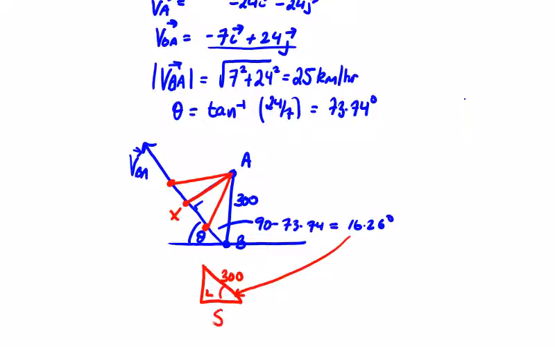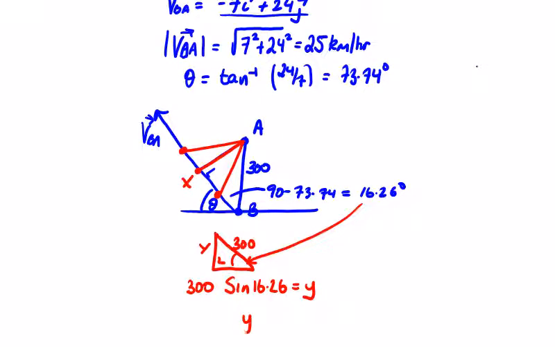So we can say the sine, I'll call this y for now, the sine of 16.26 is equal to y over 300, so bring your 300 in front, and that will give us y. So the shortest distance between them is going to be 83.998, I'll round it off to 84 kilometers.